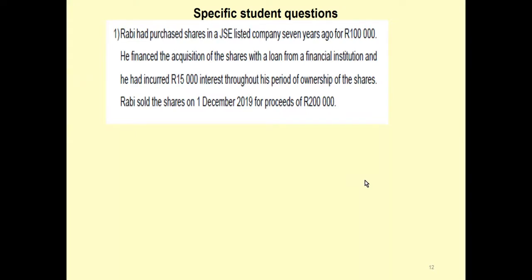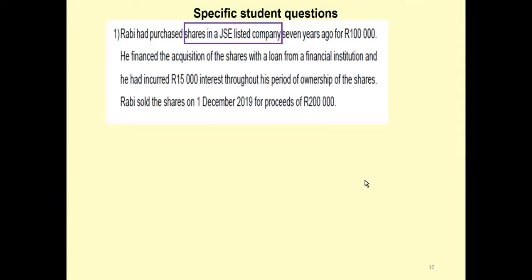Now, remember that for CGT to be applicable, I need the 4 building blocks. I need an asset, which I have because I've got shares in a JSE listed company. I have a disposal. It was sold on the 1st of December. And I have proceeds of 200,000 Rand.